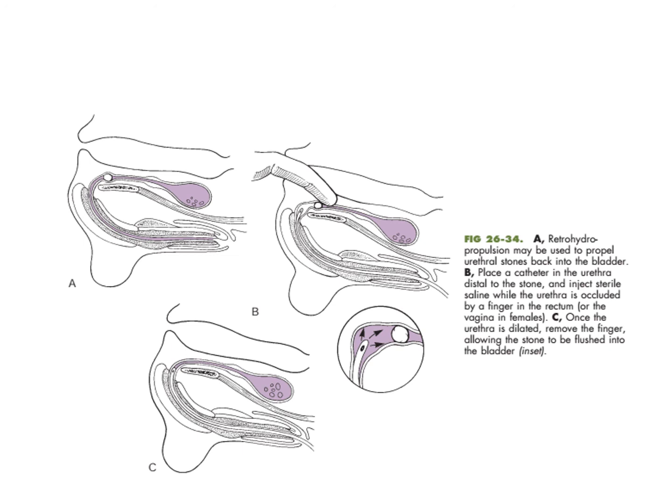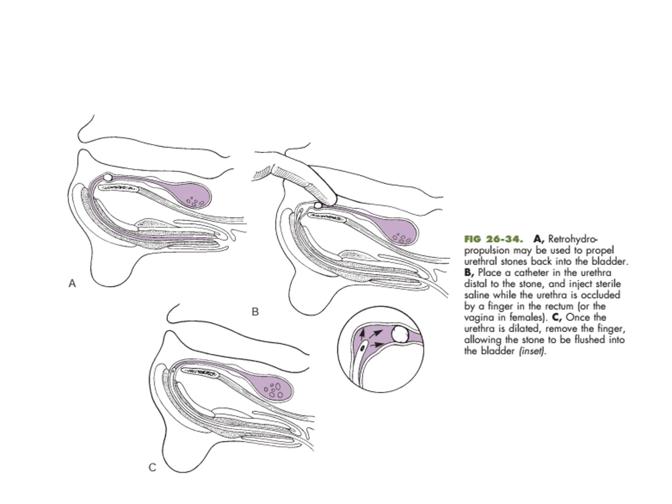This picture is showing retrohydropropulsion, in which you can see the calculi lodged at the urethra, and the size of the calculi is bigger, so it cannot be passed out through the whole length of the urethra.